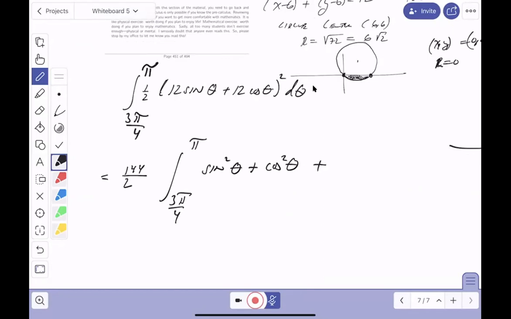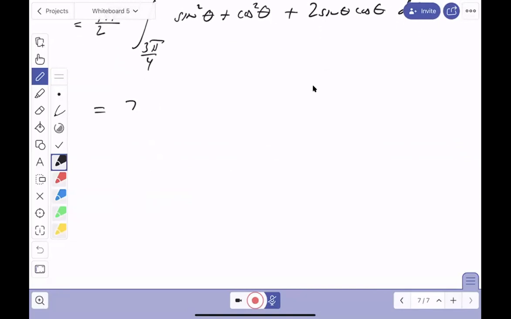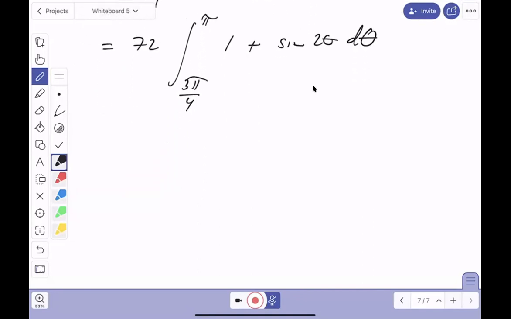And then I get 2 sine cosine too, right? D theta, I got to integrate that. That's going to be a problem, right? So we get 72, 3 pi over 4 to pi. Sine squared with cosine squared is 1. And what's 2 sine theta cosine theta? It's sine 2 theta. Let's keep moving.